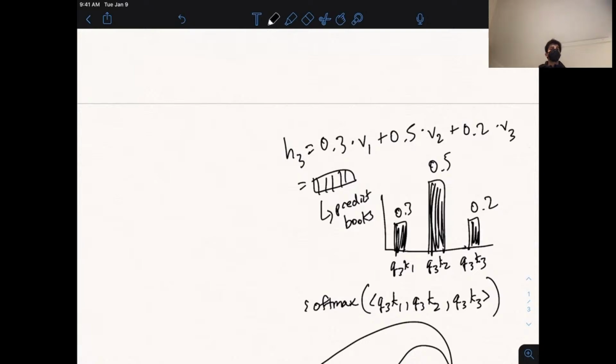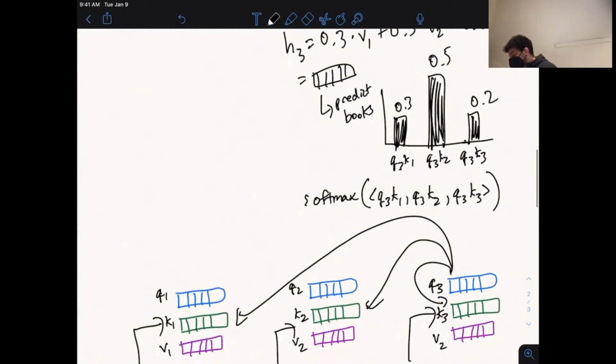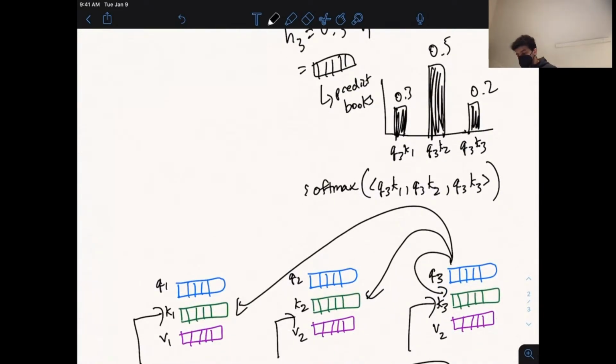So you can see that in this process, I have no recurrent update equation or anything like that. I've just done these 3 projections. I've computed attention. I've computed this weighted average of these value vectors, and that gets fed into the input of my softmax layer, right? So this was the 3rd time step here.